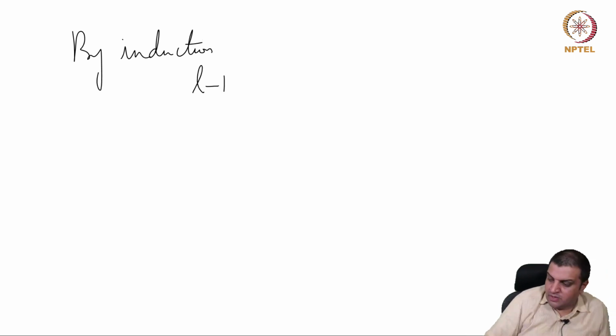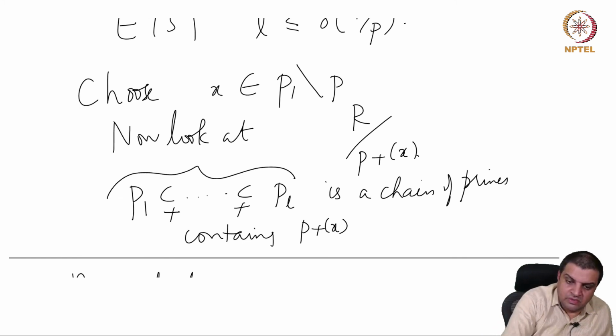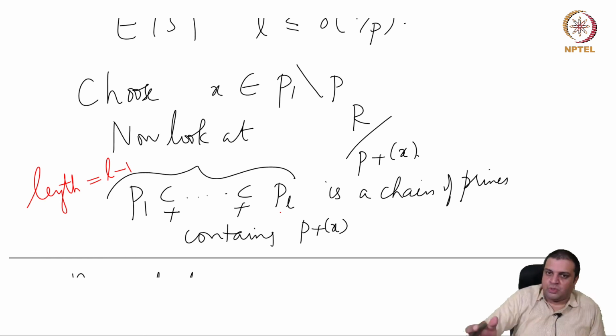L minus 1, which is the length of this chain, remember, is L minus 1. It starts from P1 to PL, so there are only L minus 1 jumps.